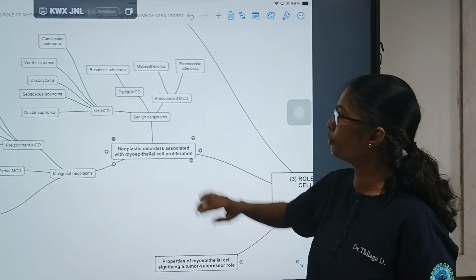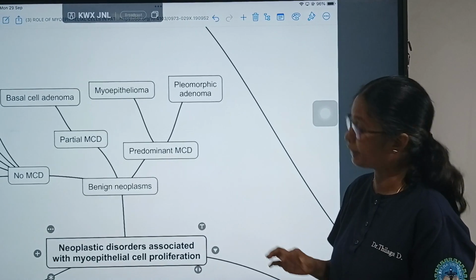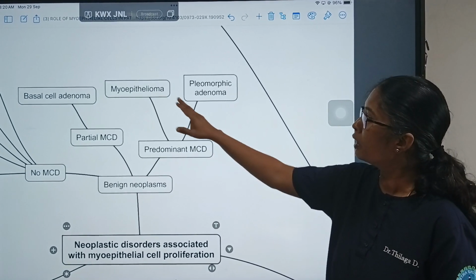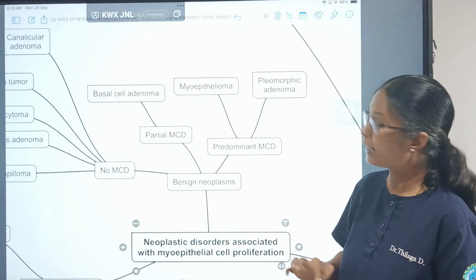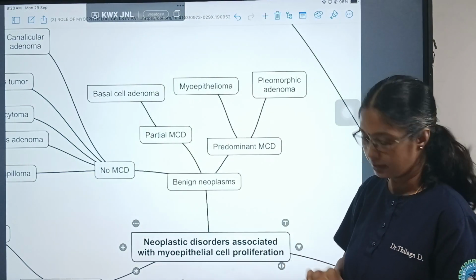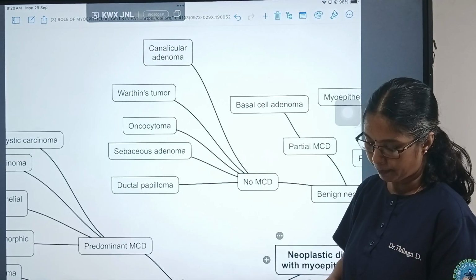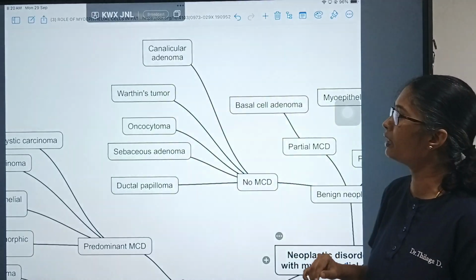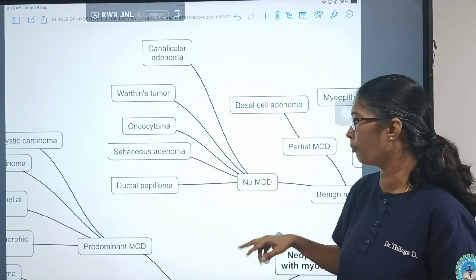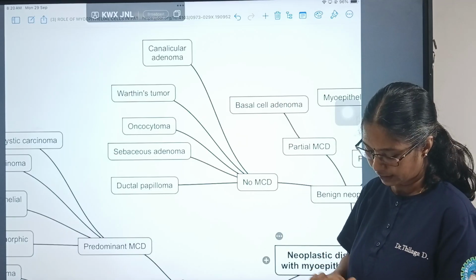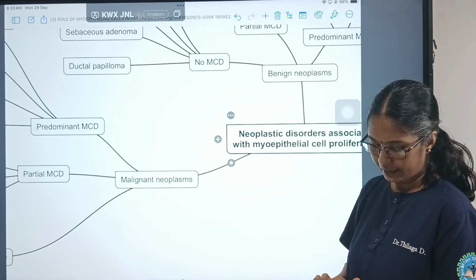In benign neoplasms, the predominant myoepithelial cell differentiated types are myoepithelioma and pleomorphic adenoma. Partial differentiation happens in basal cell adenoma, and no differentiation happens in canalicular adenoma, Warthin's tumor, oncocytoma, sebaceous adenoma, and ductal papilloma. So these are the benign variants of the myoepithelial neoplasm.